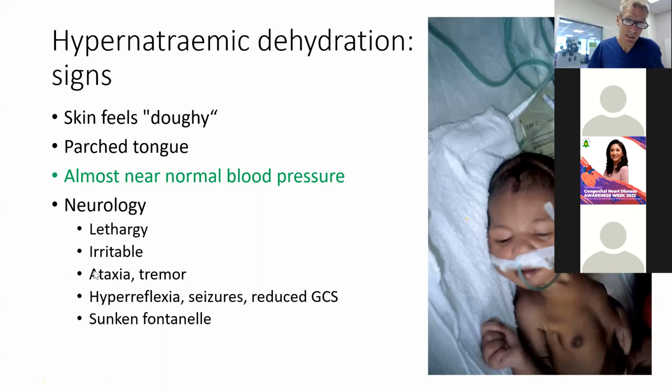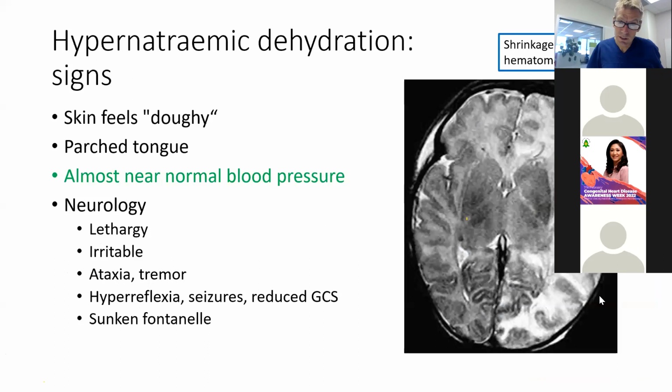They'll be lethargic, they'll be irritable. They sometimes have even neurological signs like hyperreflexia, or they have seizures because of the cerebral dehydration, and they'll have a reduced Glasgow Coma score. They'll be quite poorly conscious, and often a very sunken fontanelle if they've got a patent fontanelle.